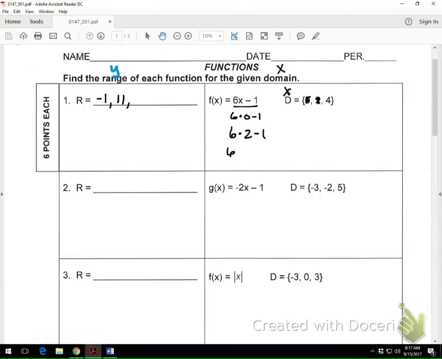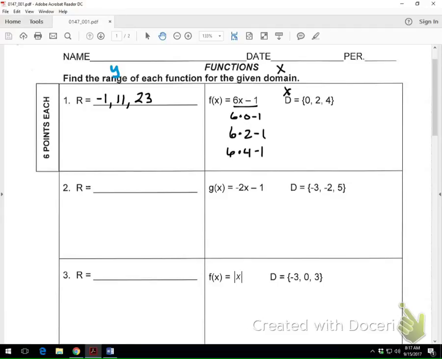Then you go 6 times 4 minus 1, which is 23. So all I'm doing is taking each of these three numbers, the domain, and plugging them into the X because our domain is X. So plugging them in there, solving, getting our range. That's it. Okay? So does that make sense on 2 and 3?